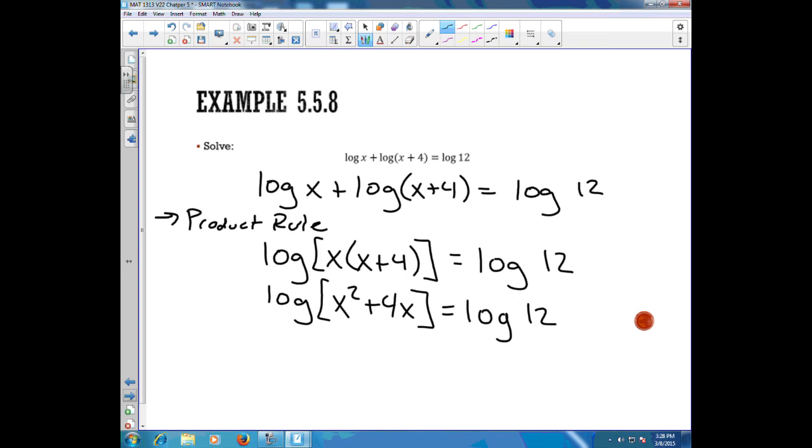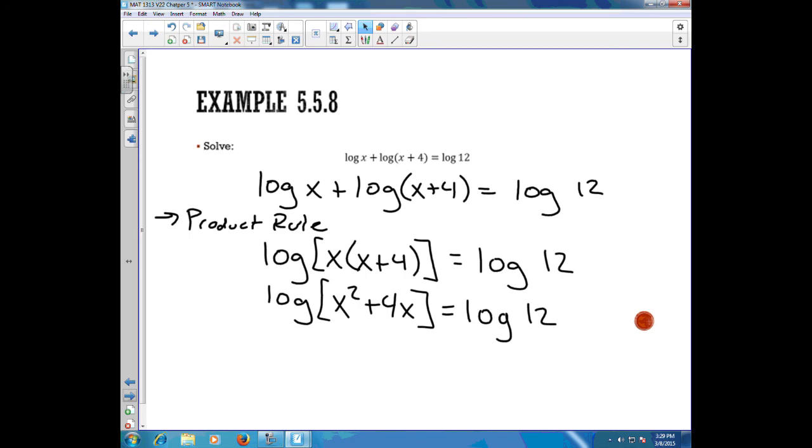So here's where this one's just a bit different from the other problems. Because we have logs on both sides, and because log is a one-to-one function, that means if you take the log of a and it's equal to the log of b, a has to be equal to b. Every log gives you a unique y value.